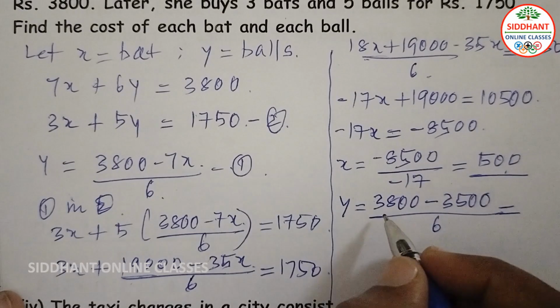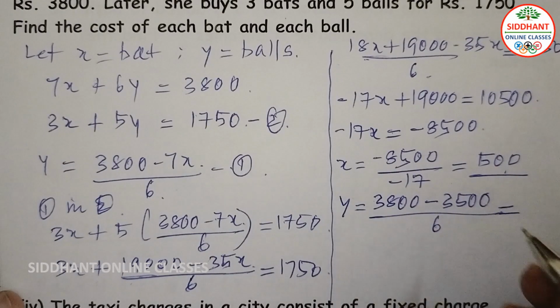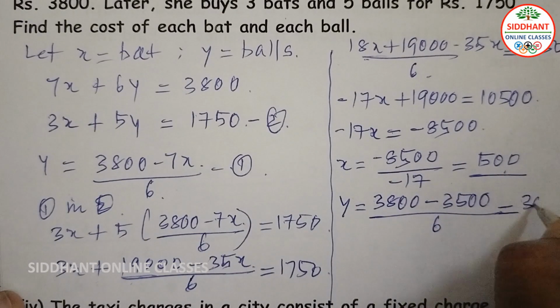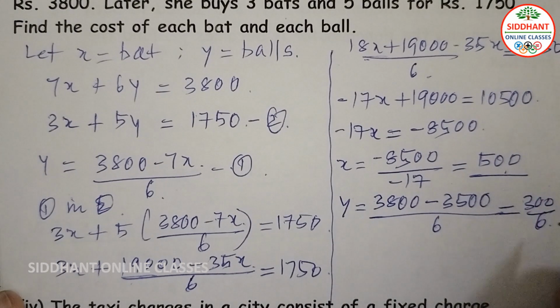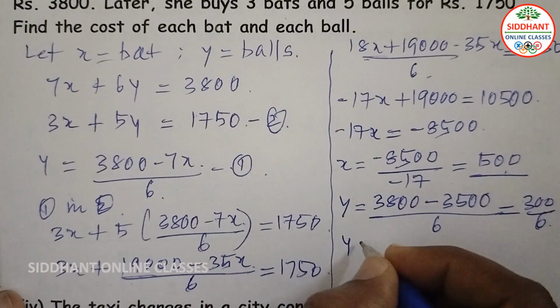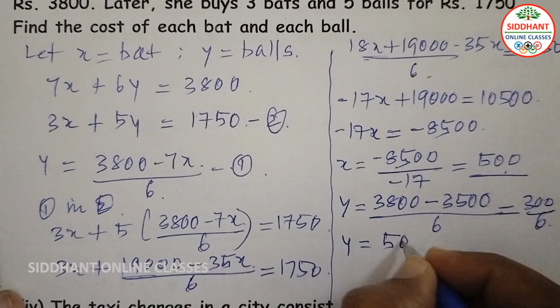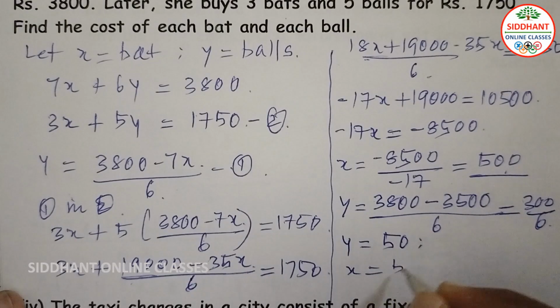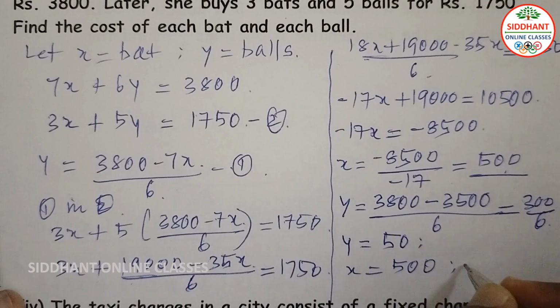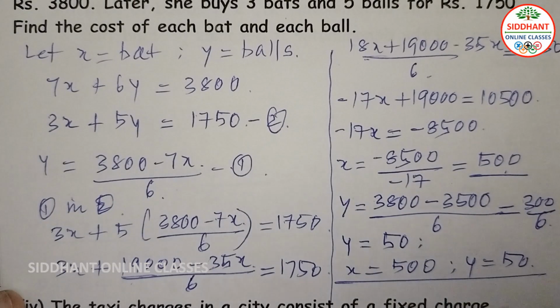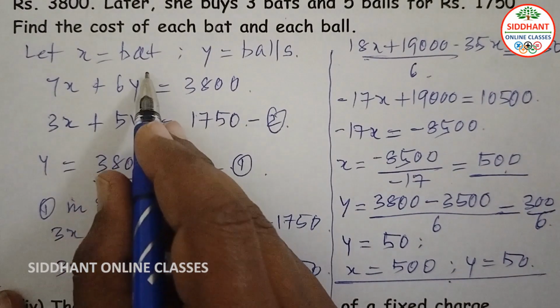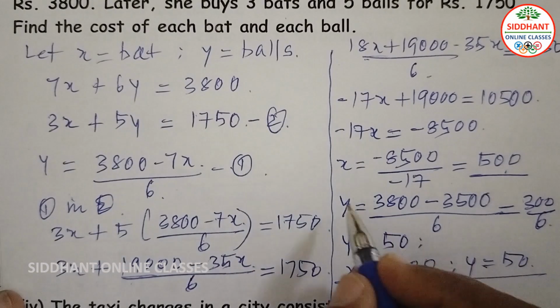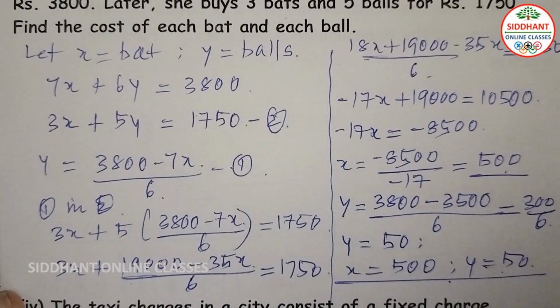So that equals 3,800 minus 3,500, which will become 300 by 6, that will become 50 here. So x value is 500 and y value is 50. That means x is bat and y is balls here.